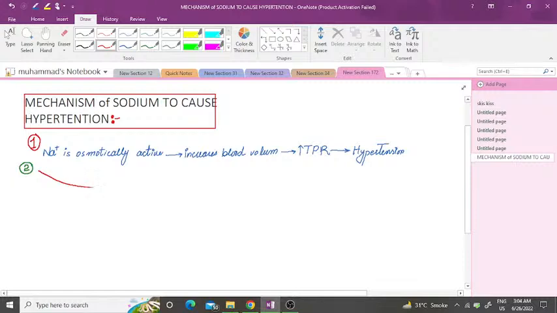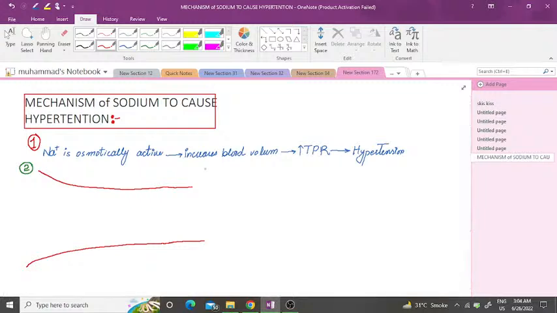For example, this is a blood vessel, and we all know there are different types of receptors present on the surface of the blood vessels.